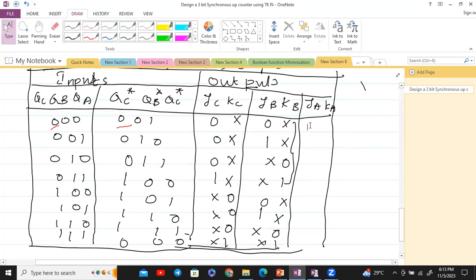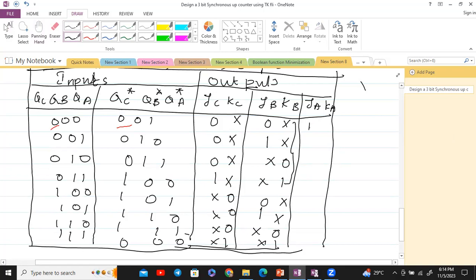Then JAKA. For JAKA, you have to choose the present state to be QA and the next state to be QA star. So what is JAKA? JAKA corresponds to 0 1. For 0 1, what is your value?